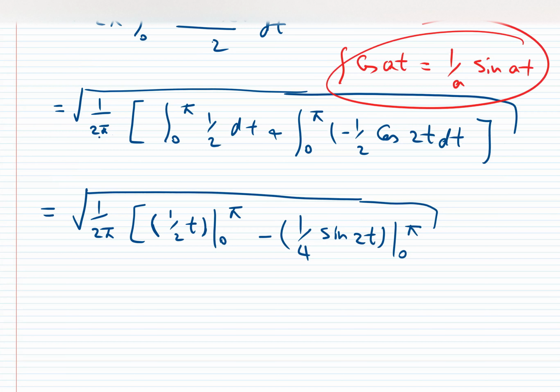I applied this rule to this integral, and here is the result.